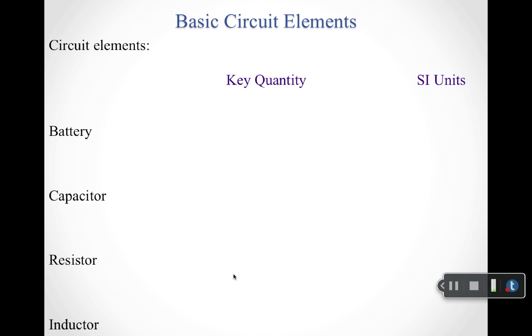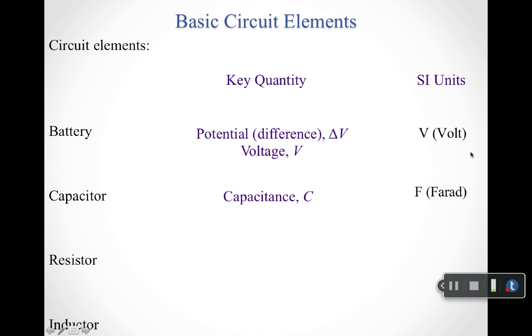In terms of units, the battery's key quantity is going to be the potential difference, voltage. All these are really the same thing when you're talking about what's going on within a circuit, so we'll use these phrases interchangeably. The unit for this will be the volt. Capacitor, its key quantity is going to be the capacitance.